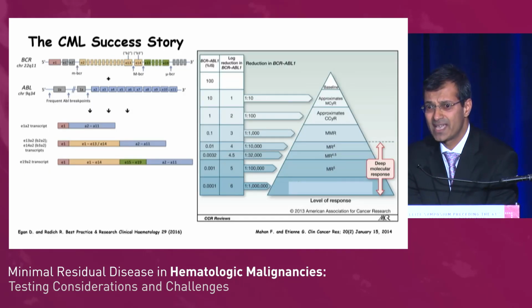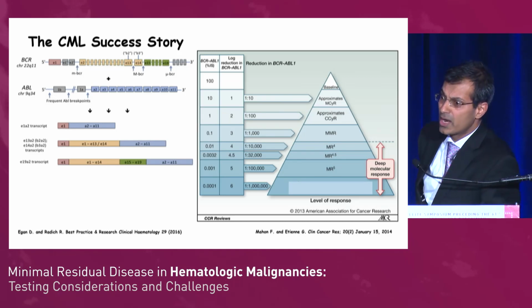The CML success story is very familiar to most people in this audience, and it can arguably be stated that CML is the poster child for telling us the value of MRD measurement during treatment.